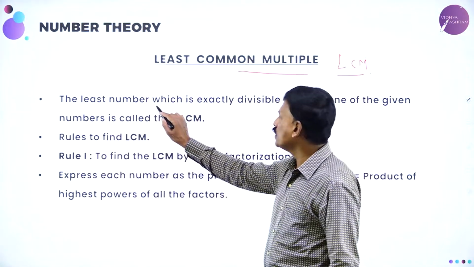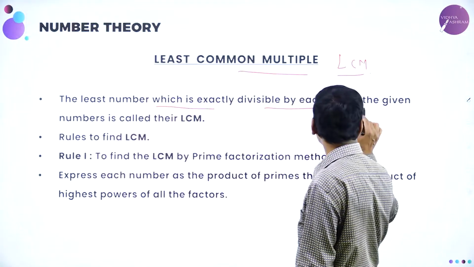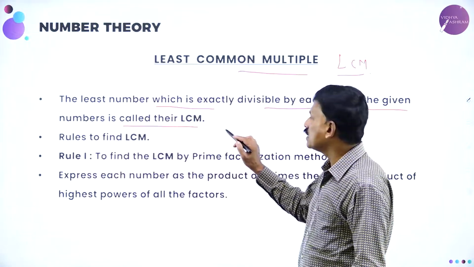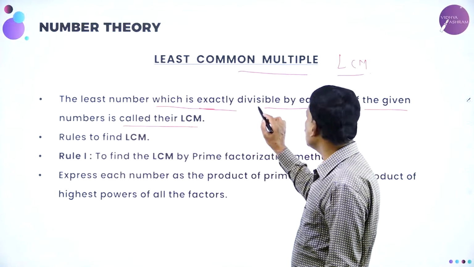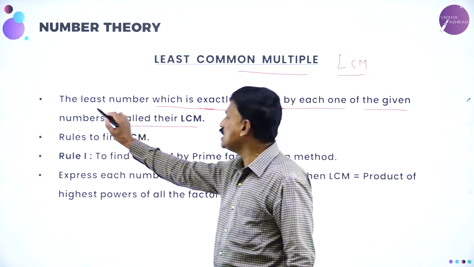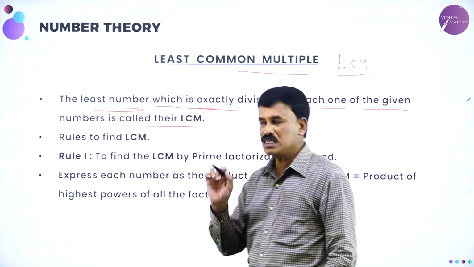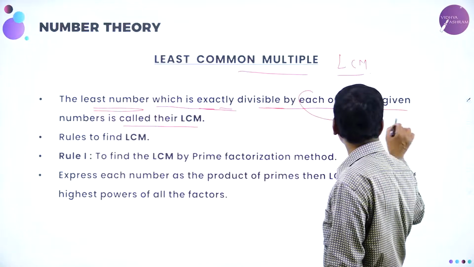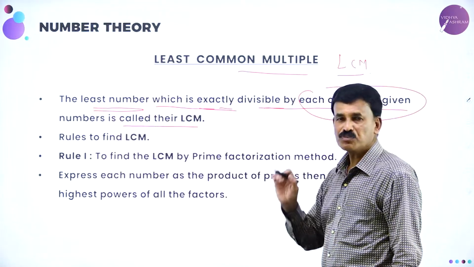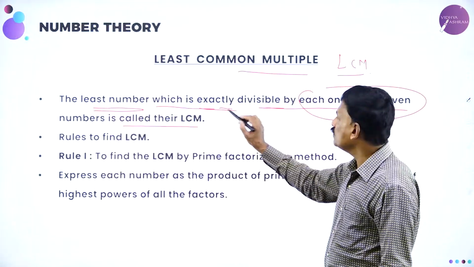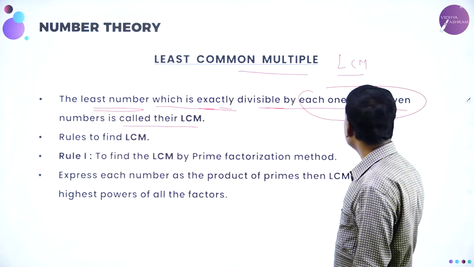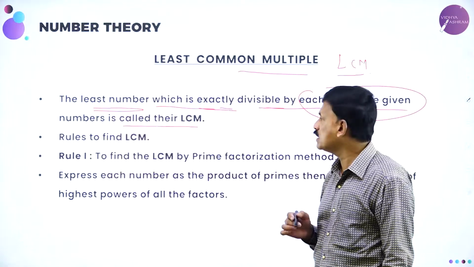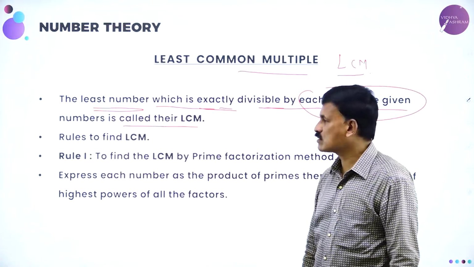The least number which is exactly divisible by each one of the given numbers is called their LCM, that is, the least common multiple.